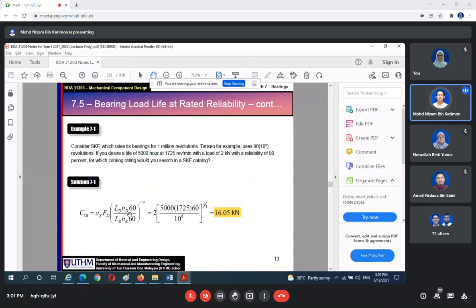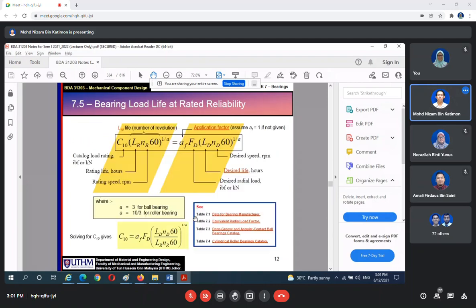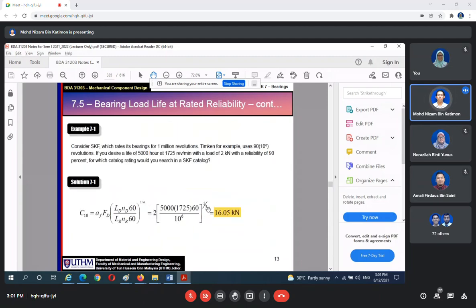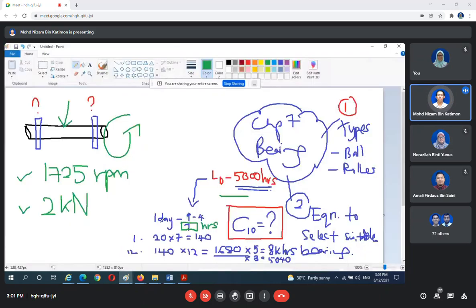Then we put in all those values: desired life 5,000, desired speed 1725, and then 60, and 1 over A. A is for a ball bearing, that's why it is 1 over 3. And then what does this one mean?